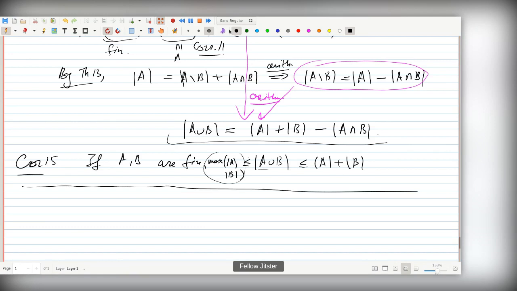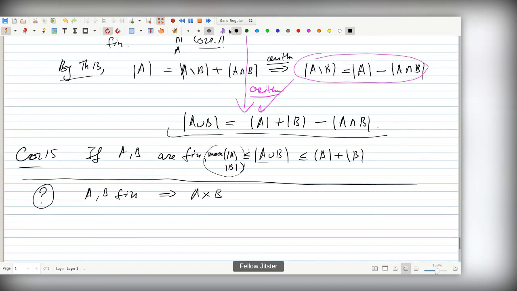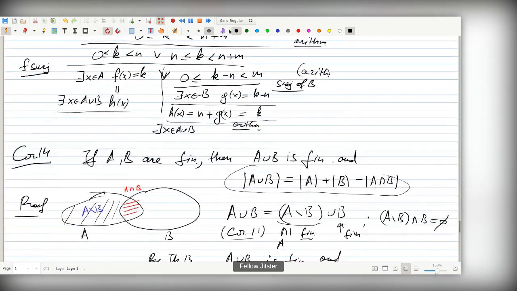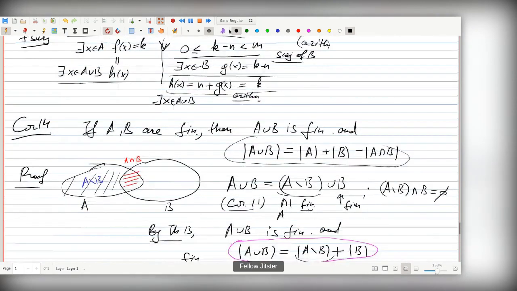That's all for today. But the next point we are going to explore is as follows. Assume that A and B are finite. What can one say about their product? The operation of union does not lead us beyond the scope of finite sets. But what about product?